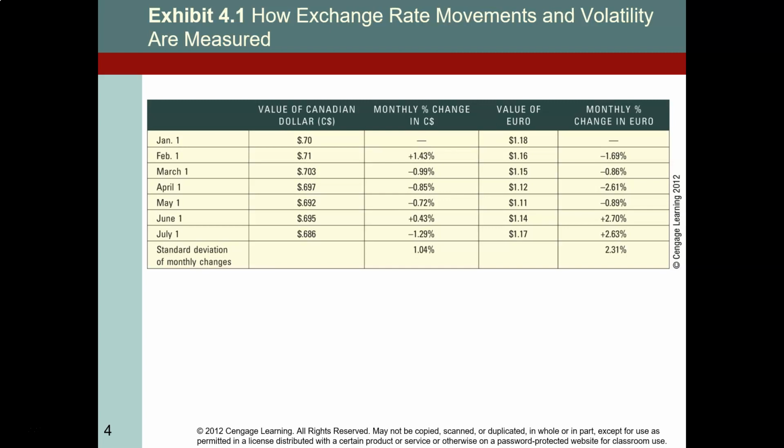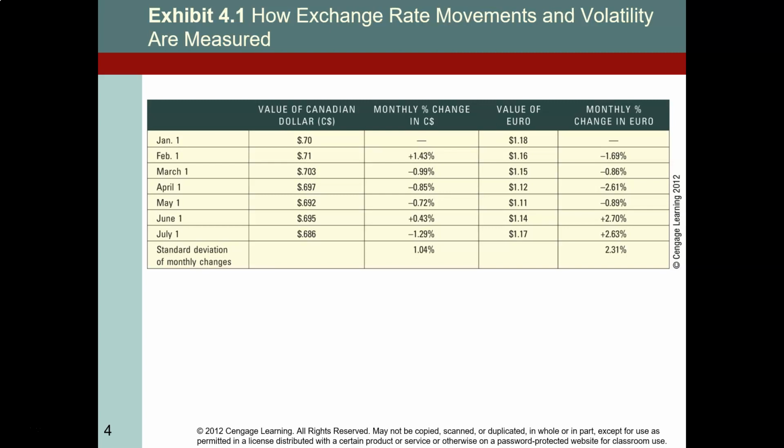Let's look at this graph as an example of how exchange rate movements and volatility are measured. So we can see in the first column, we have time: January 1st, February 1st, and each first day of each month. And in the second column, we have the value of Canadian dollar, and this is a direct exchange rate here.